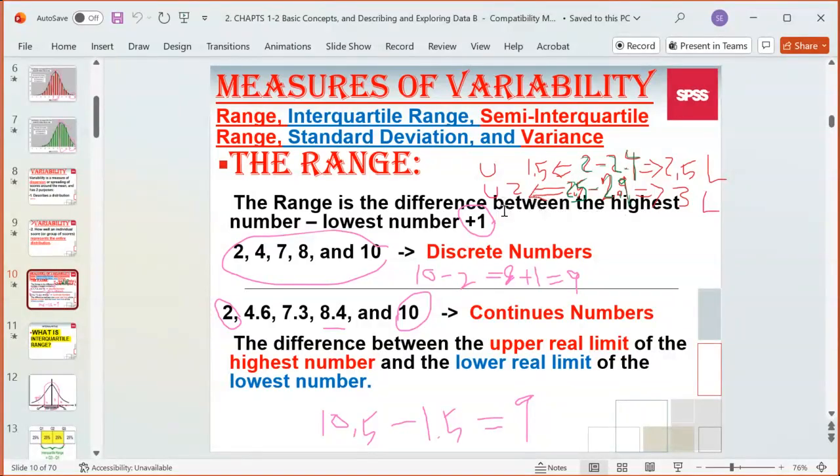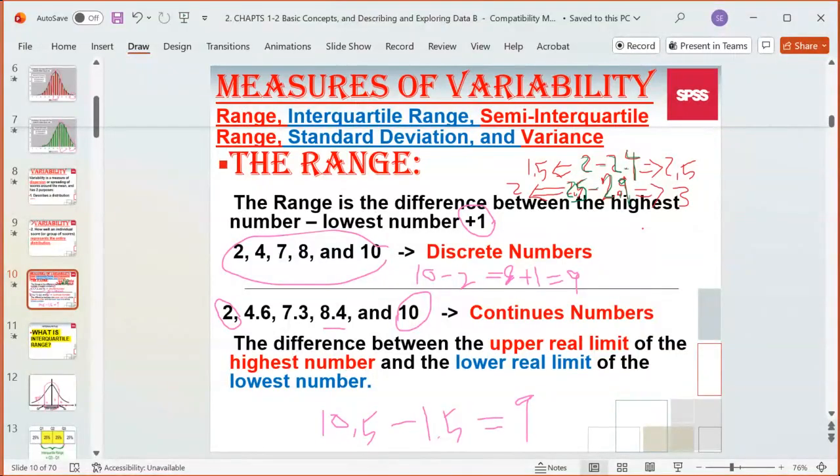your lower real limit will be 2. So let me just change this drawing. Okay, this is what I said.